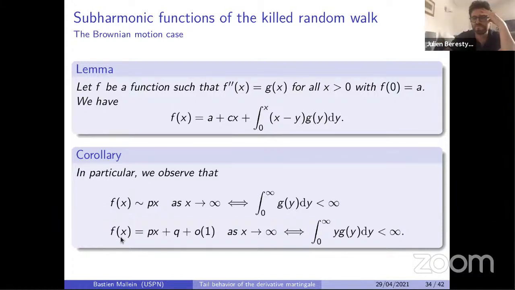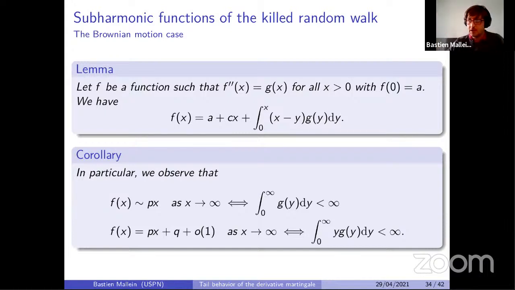Bastien? So, yeah, sorry. A question in the chat about the constant c here. This c times x is the linear term of the subharmonic function. In our particular case, we will show that for the function D on which we apply the theorem, it will be equal to 1. So it is related to the 1 in the 1 over x tail of the maxima of the derivative martingale.